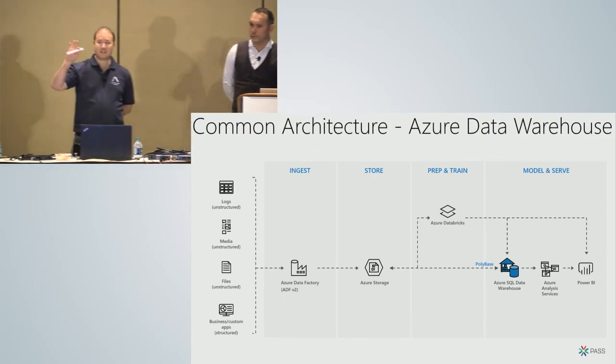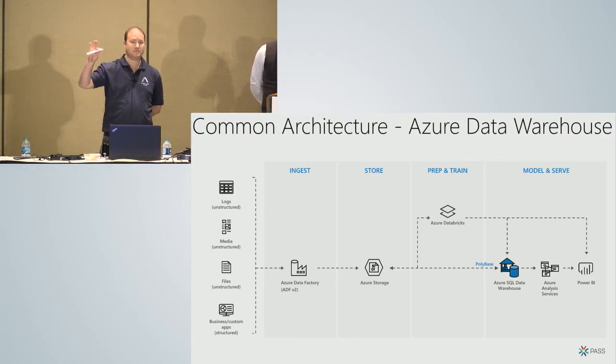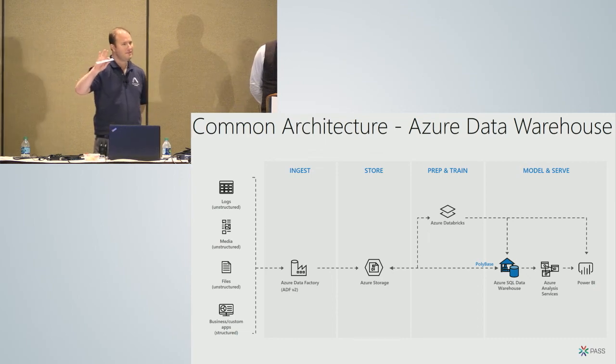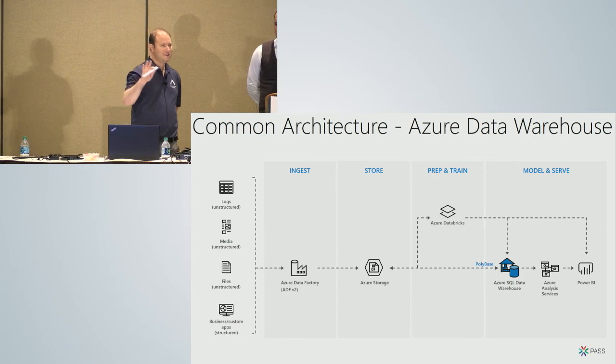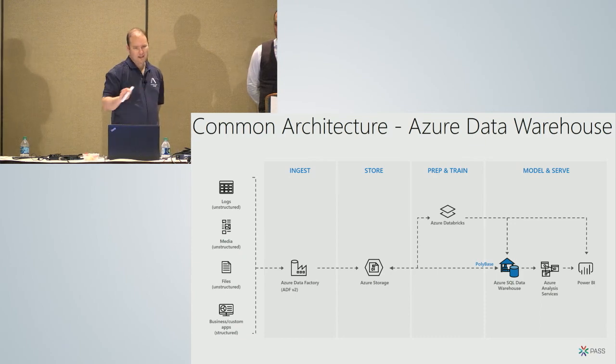This slide may look familiar to a number of people if you've seen our modern data warehouse architecture slide. I'll step through it relatively quickly, but this is the common reference architecture that we've worked on with a number of the customers that have come to us in implementing SQL DW.